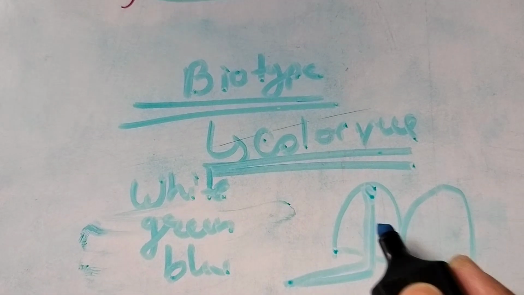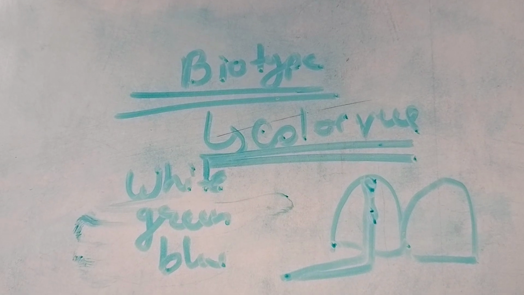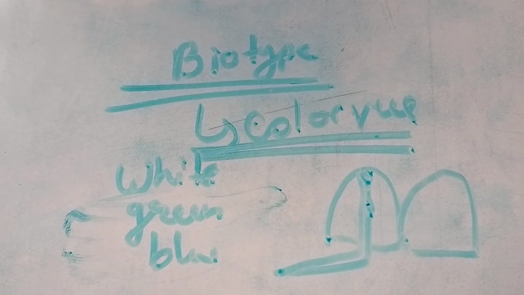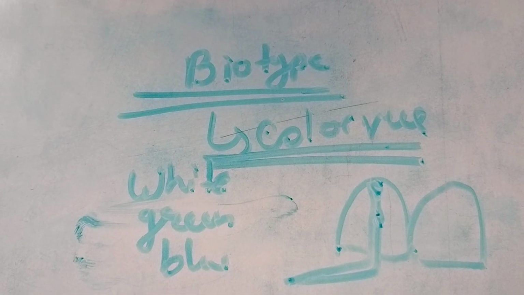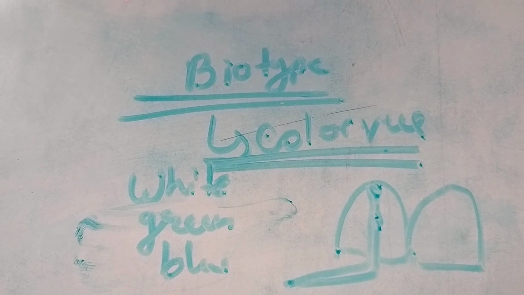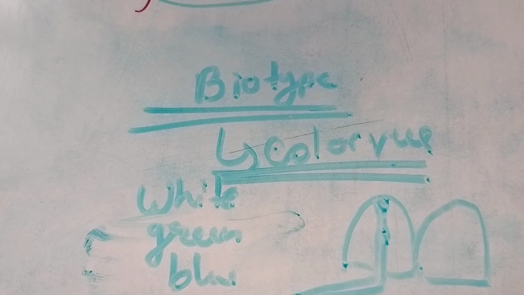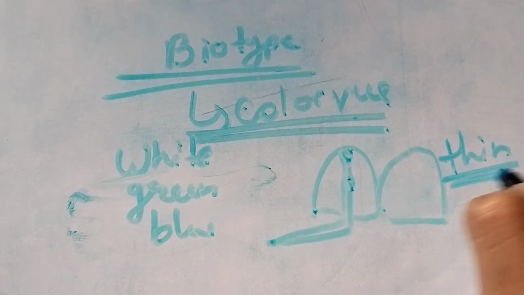Here is the marking of a probe, that is a white probe. Insert it in the gingival sulcus with pressure. If the marking is visible, if you can see the color through the gingival tissue, then the biotype is thin.